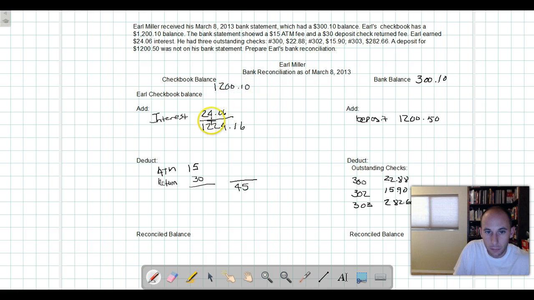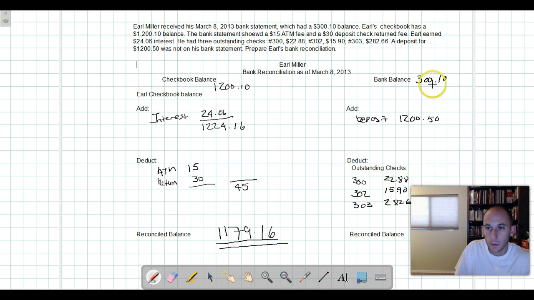Our beginning balance plus the interest that we earned, and then minus the $45 gets us our reconciled balance of 1179.16. And we double underline things to represent the end.